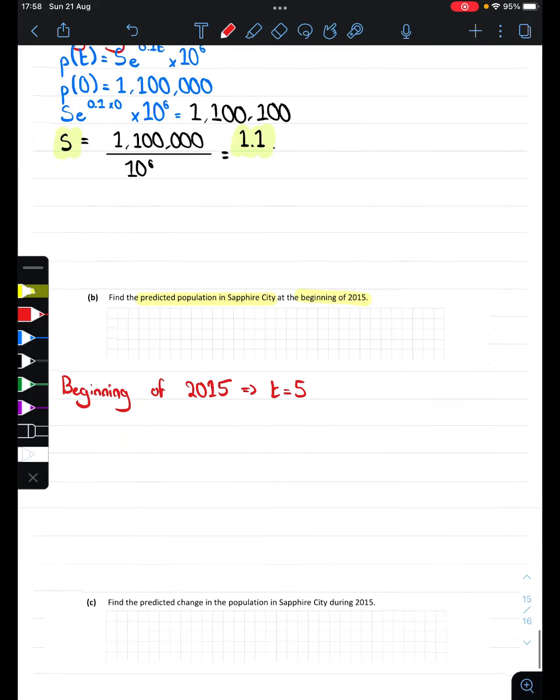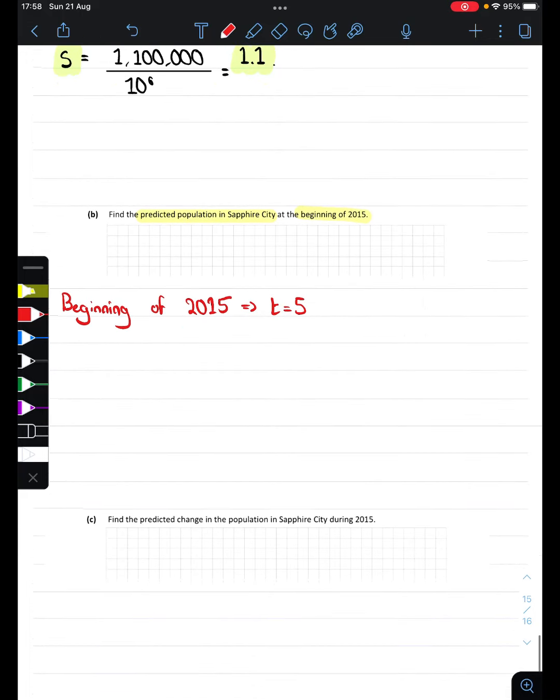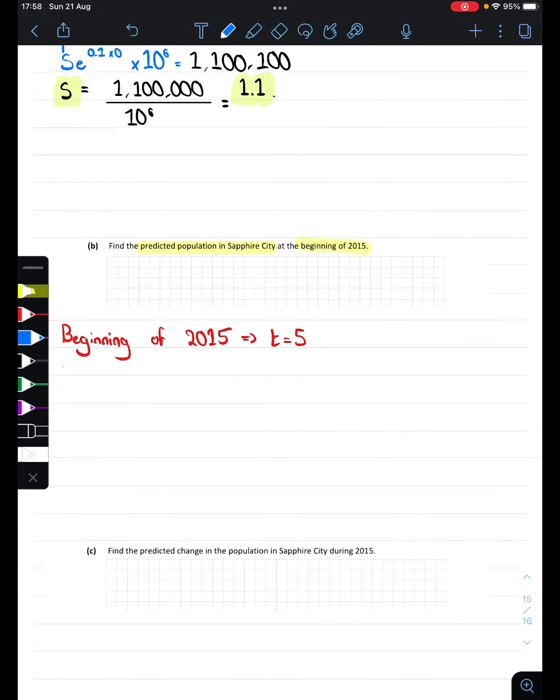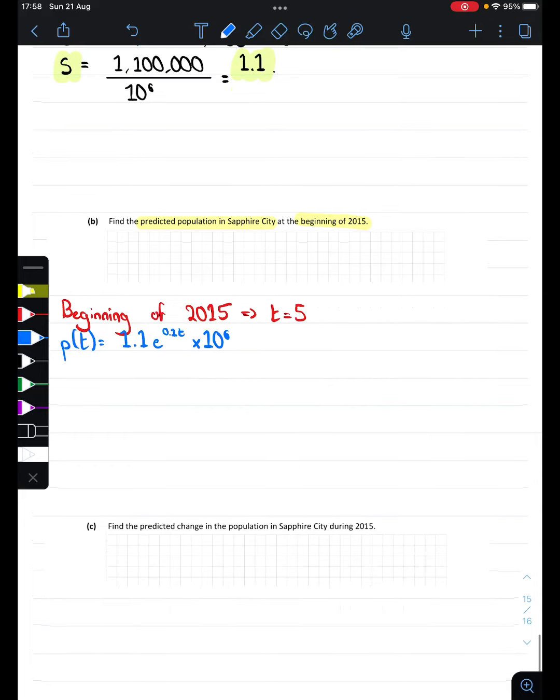And so we're trying to predict the population here. We have our formula for the population, P of t equals 1.1, the s that we just found, e to the 0.1t by 10 to the power of 6.